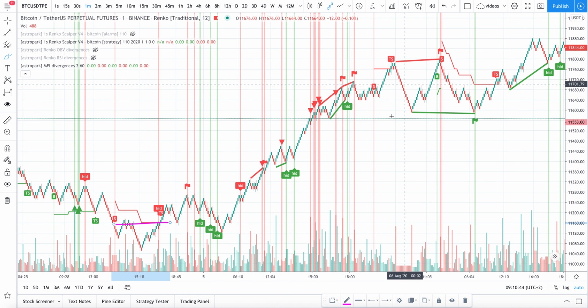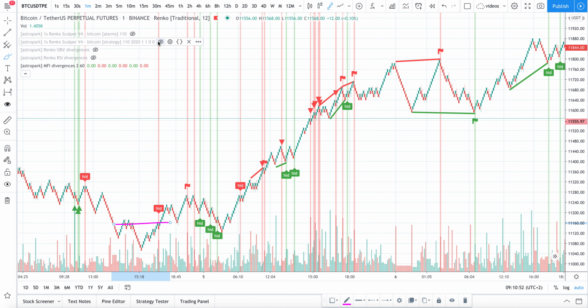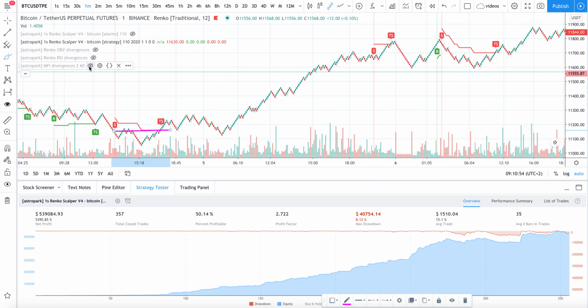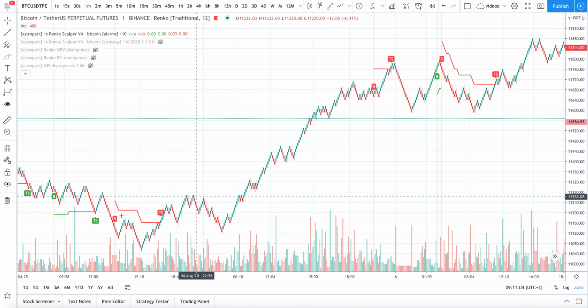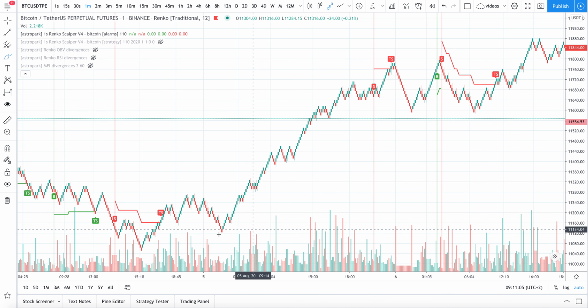Here you didn't have any signal from the scalper. Sometimes it happens. We can also show this. So no signal, you missed this long.